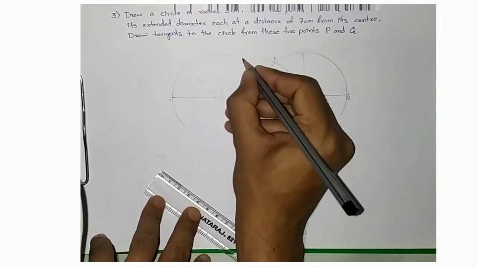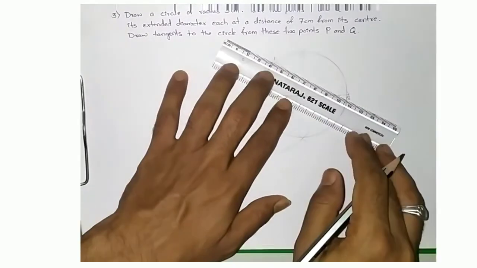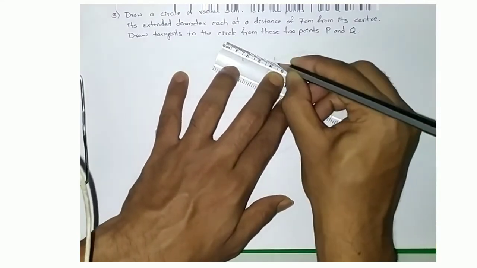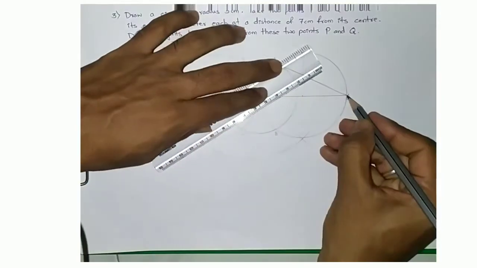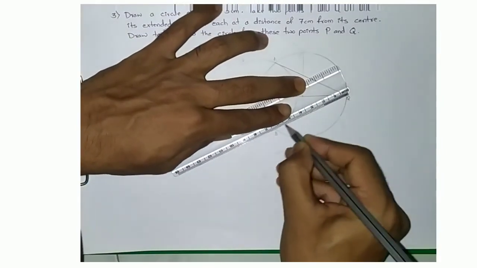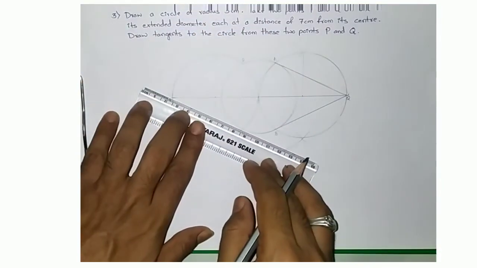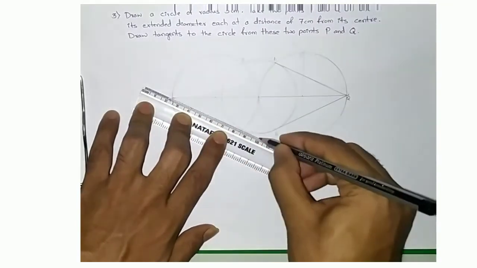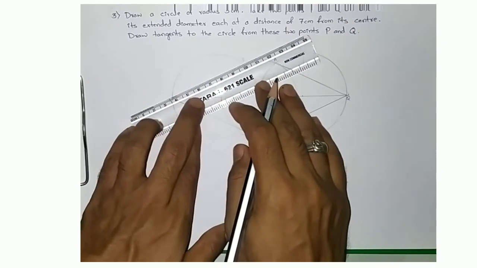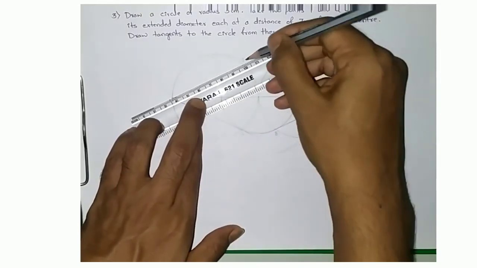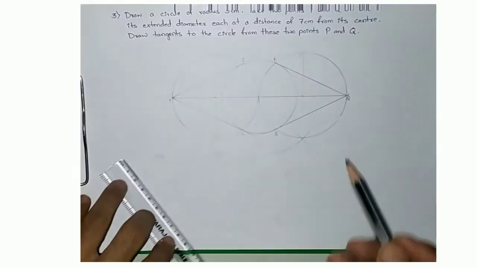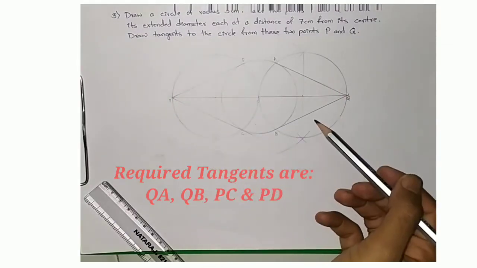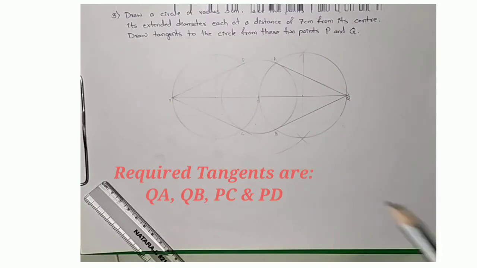Let's name them D and C. So now join them: Q to A and Q to B. Similarly P to C and P to D. So QA, QB, PD, PC are our required tangents. So like that you have to do.